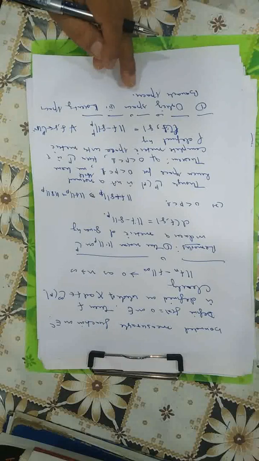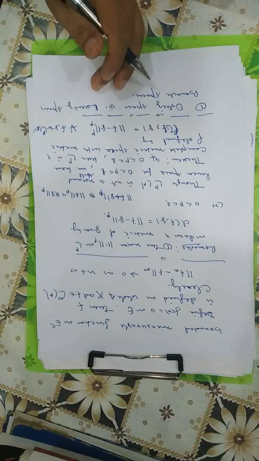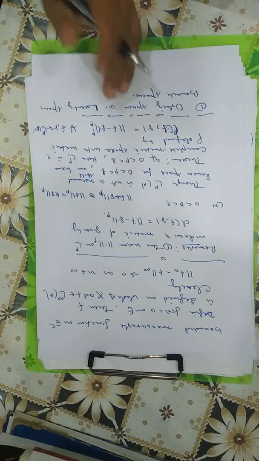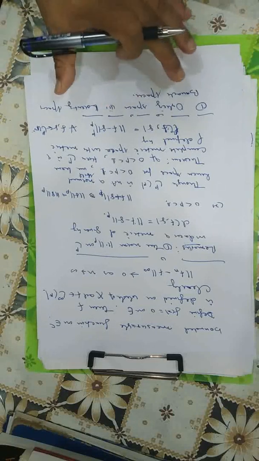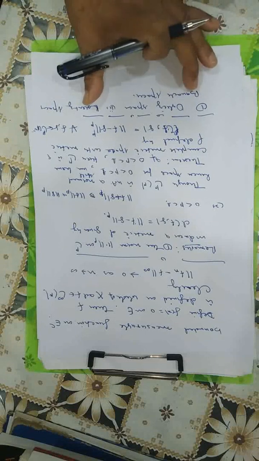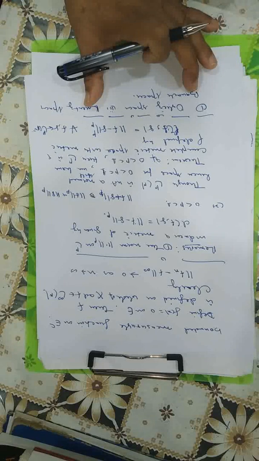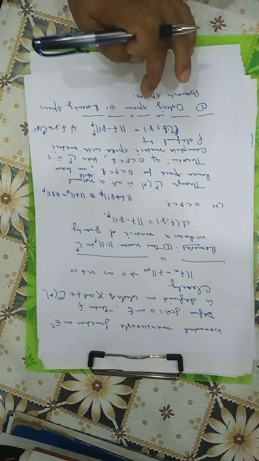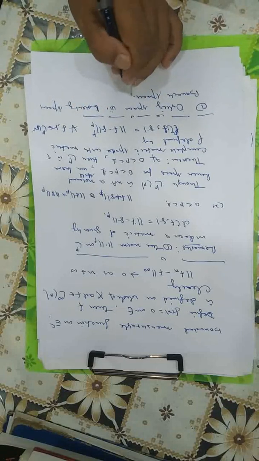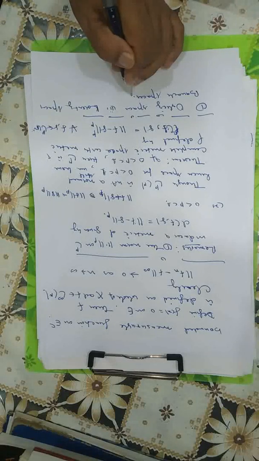There is a lot of literature available on these types of spaces, and a lot of work is being done on them. Many properties are being studied on all these spaces, Lorentz spaces, Banach function spaces. Thank you.